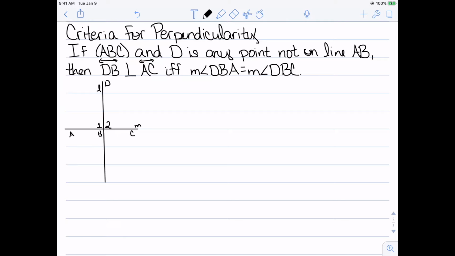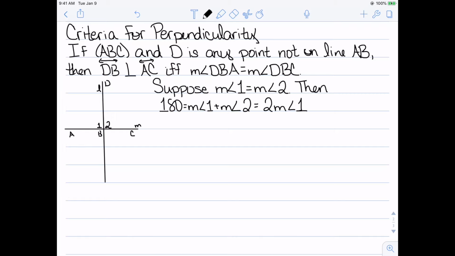So I went ahead and drew a picture here and labeled some things to help make our proof a little bit easier. Let's start by assuming that our two angles are equal. DBA is angle 1 and DBC is angle 2. So we'll assume these are equal, and then we'll prove that the two lines are perpendicular. Since these are supplementary angles, we have that the measure of angle 1 plus the measure of angle 2 is 180.